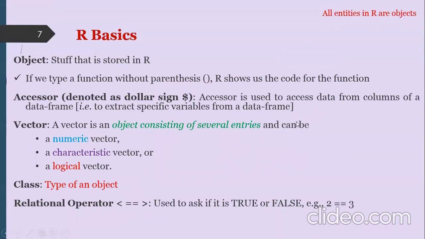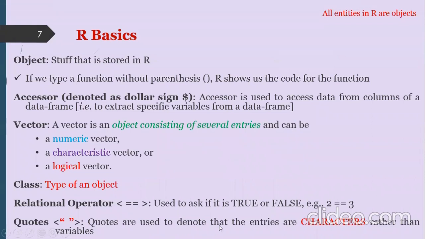And these quotation marks actually denote characters. So if I write 2 and ask R what the type of this is, it will tell me that it is numeric. It is a number.